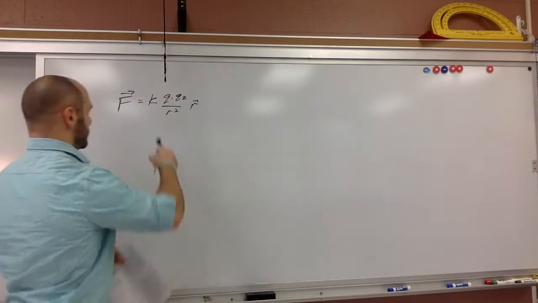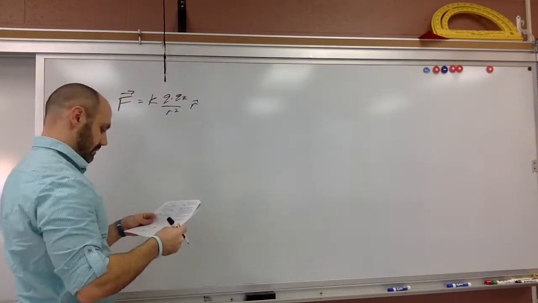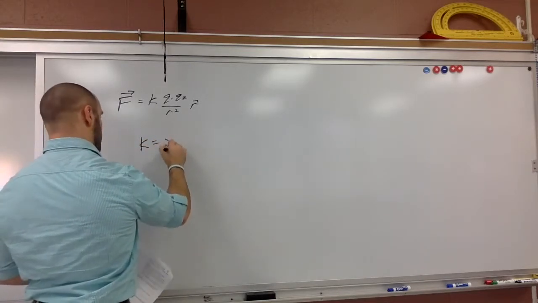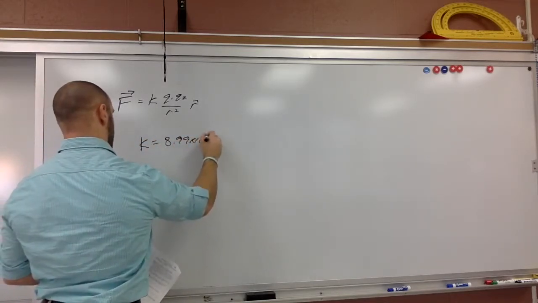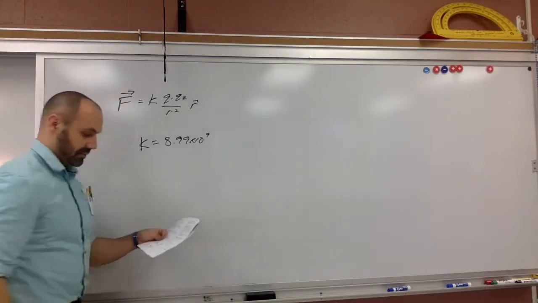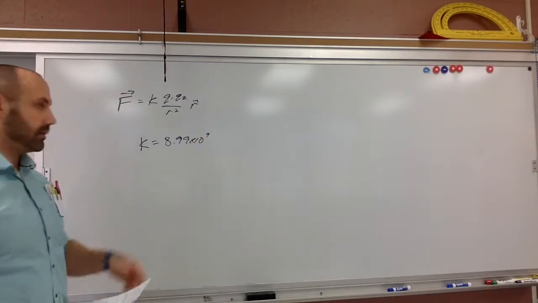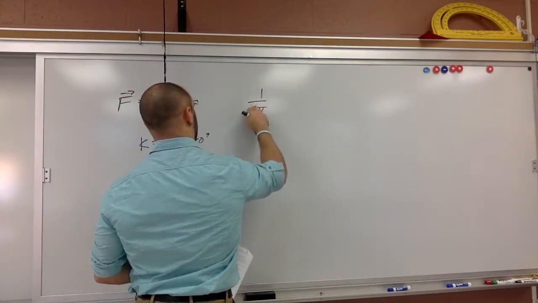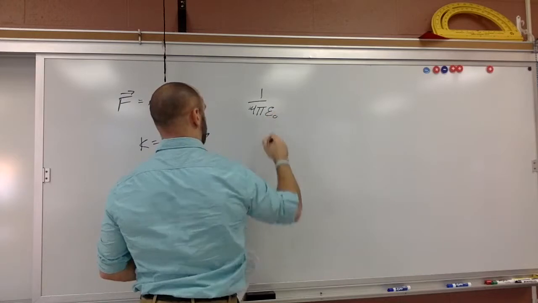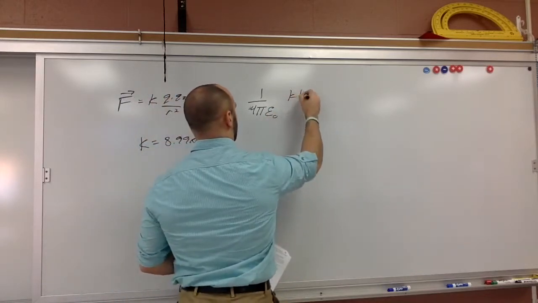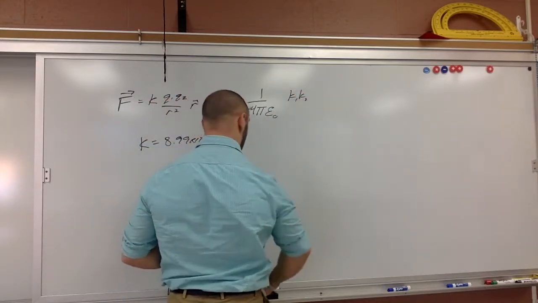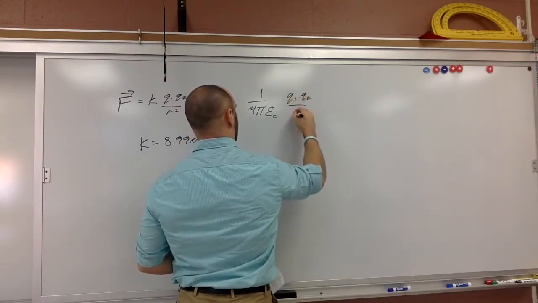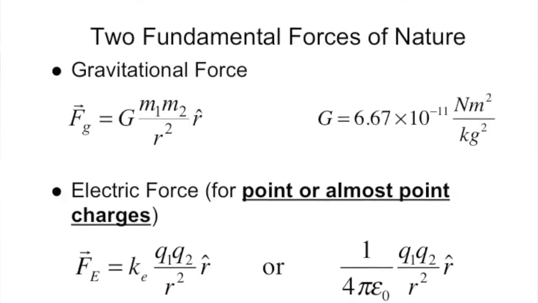So this is what goes in there, and you see K is equal to 8.99 times 10 to the 9th newtons meter squared per coulomb squared. But the thing that goes in the other box is this: 1 over 4 pi epsilon naught, and then Q1, Q2 over r squared r hat.